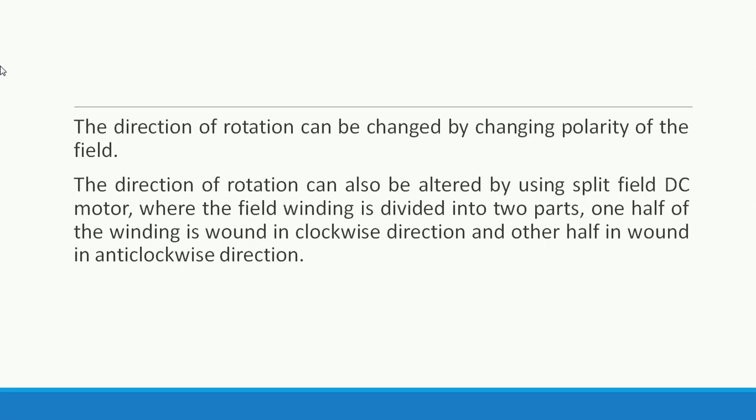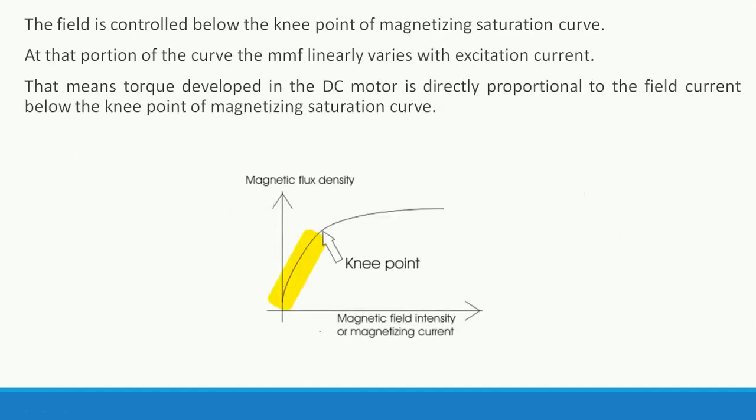One half of the winding is wound in the clockwise direction and the other half in the anti-clockwise direction. So this is how you can control the direction of the field controlled DC servo motor.